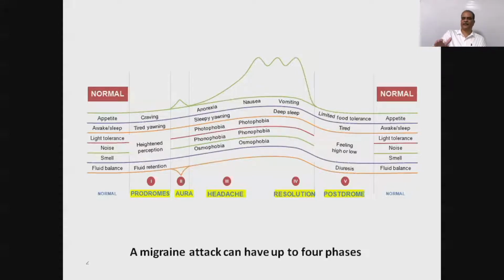Then there is the phase of postdrome, where some patients will feel very tired and lethargic, others might even feel very high, and then become normal. So these are the 4 phases of a typical migraine attack you will see. But you may not get all 4 stages in all patients. Some of them can overlap, or some may not have one phase at all.